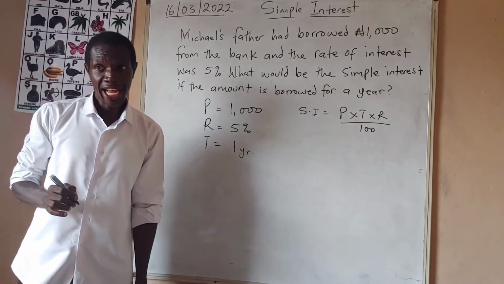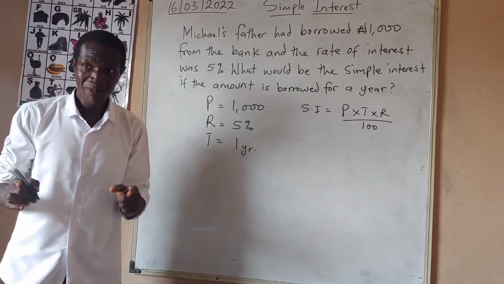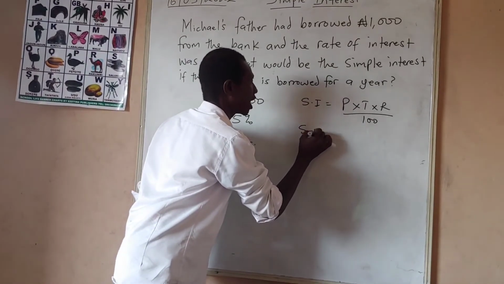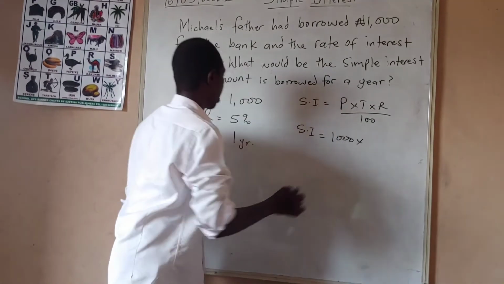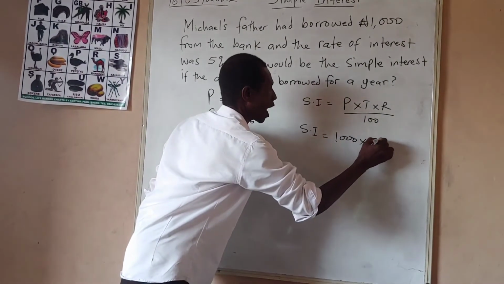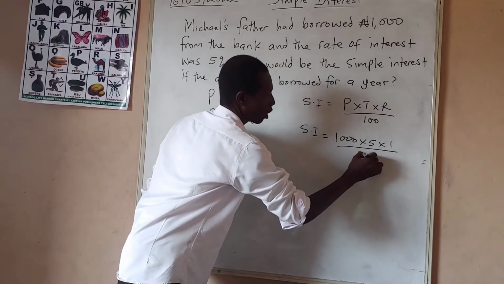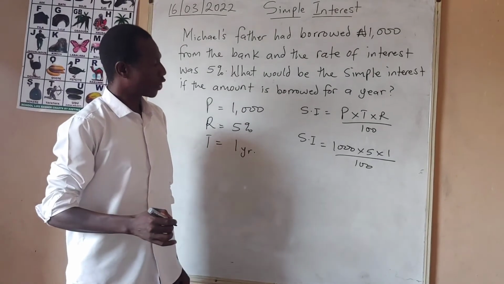Is that okay? Yes. Are we together? Yes. Are you getting it? Yes. Little by little? Yes, sir. Can I proceed? Yes. Good. So simple interest equal to 1,000 times 5 times 1 year over 100. Now this is a direct thing for you to do.